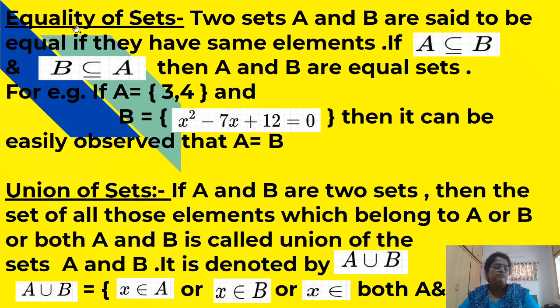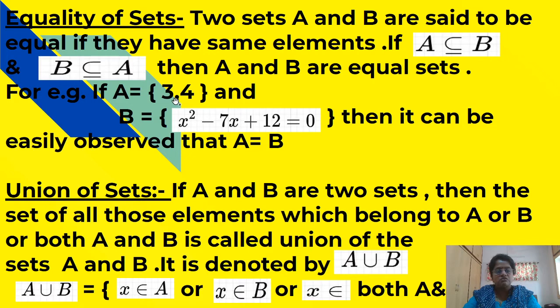Now we will see what is the definition of equality of sets. Two sets A and B are said to be equal if they have the same elements. If A is a subset of B and B is a subset of A, then A and B are equal sets. Now we will see the example.